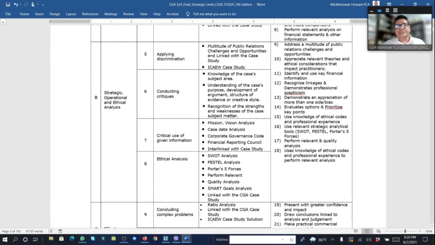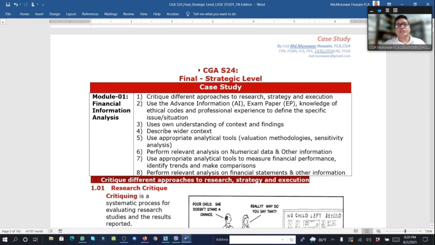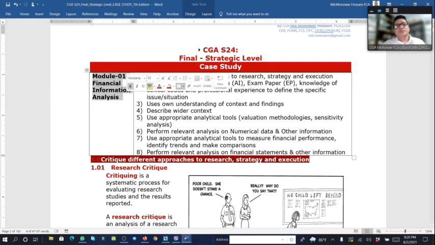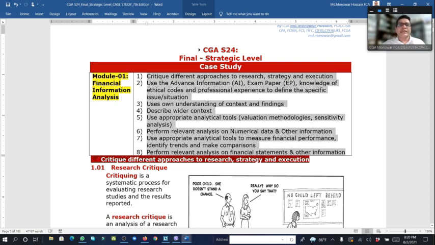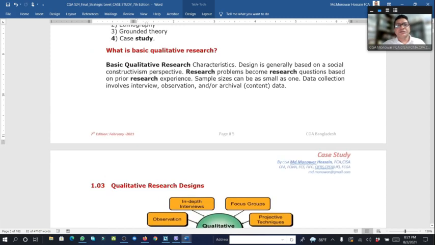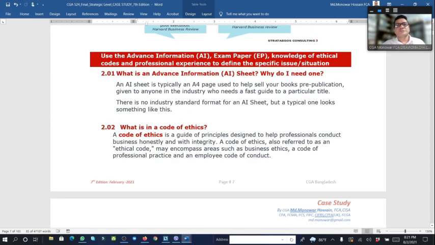So today we are going to discuss what we call module 1, financial information analysis. These items are all for the academicians, but we will discuss what we need.